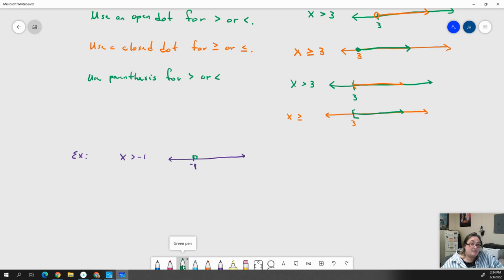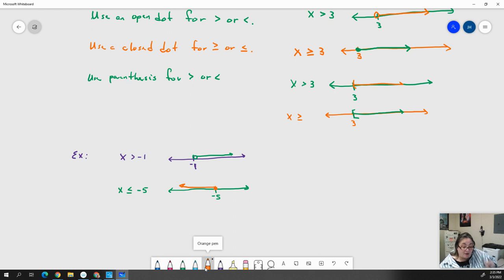So I have an open dot and it's going to cover everything in that direction, right? If I have x is less than or equal to -5, I'm going to make my number line and I'm going to go, okay, well, here's -5. And we know that it is less than or equal to -5. So we're going to have a solid dot because it can equal -5. And it's going to take me in that direction.